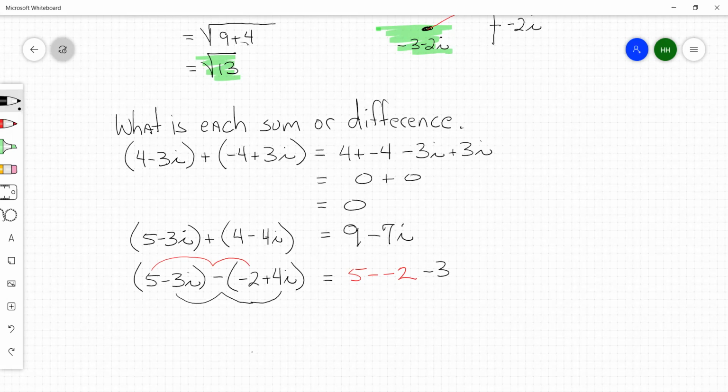So be careful when you're subtracting because you got to use this subtraction sign twice. So what you end up with is your 5 minus -2. That's keep, change. That's a 7. And your -3i minus 4i is minus 7i. 7 minus 7i.